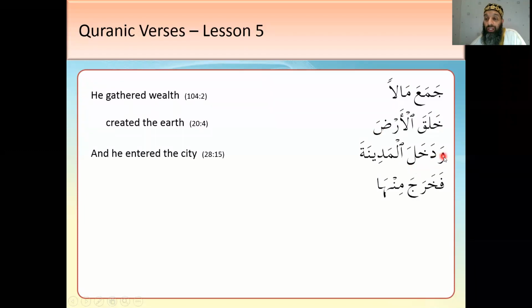Wa dakhala. Dakhala means to enter. So in the sentence, it means he entered. Wa dakhala, and he entered. Who entered? Did Medina enter? Why did Medina not enter?